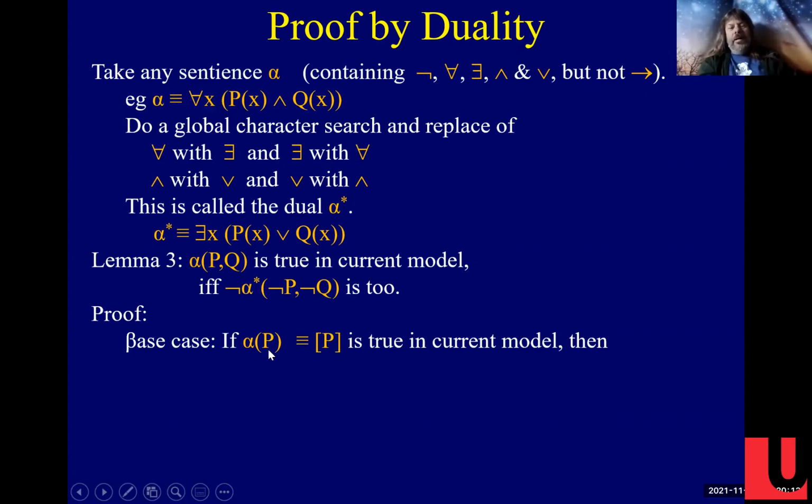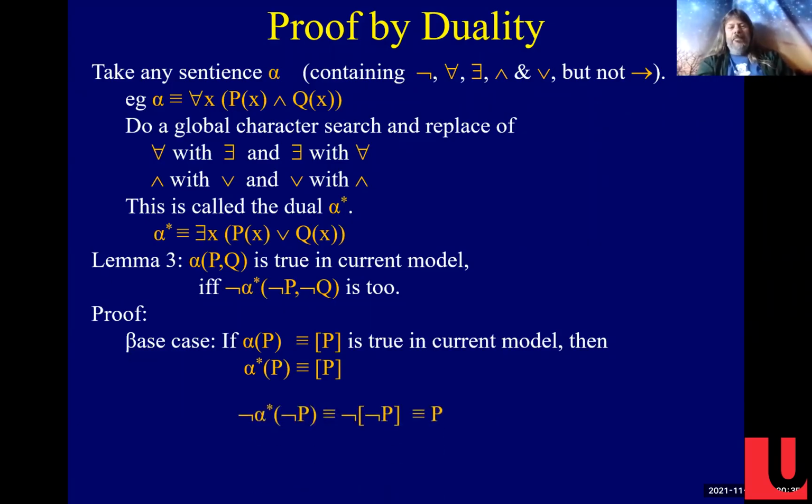If alpha(p) is simply p, we just have p, is our statement true, right? And what's the dual of p? The dual of p is just p, because you replace exists with for alls and ands with ors, and we don't have any. So the dual of p is simply p.